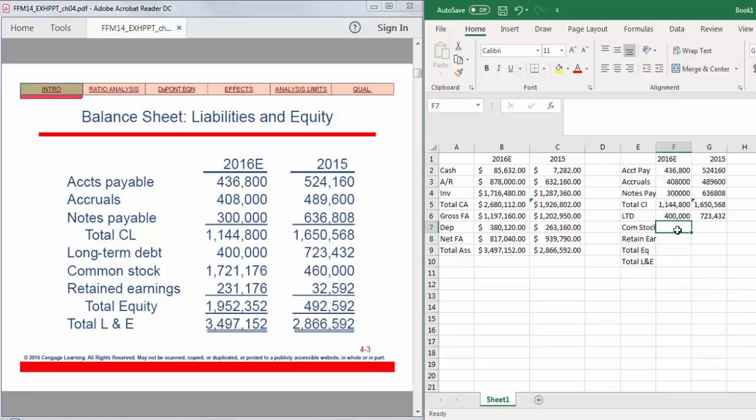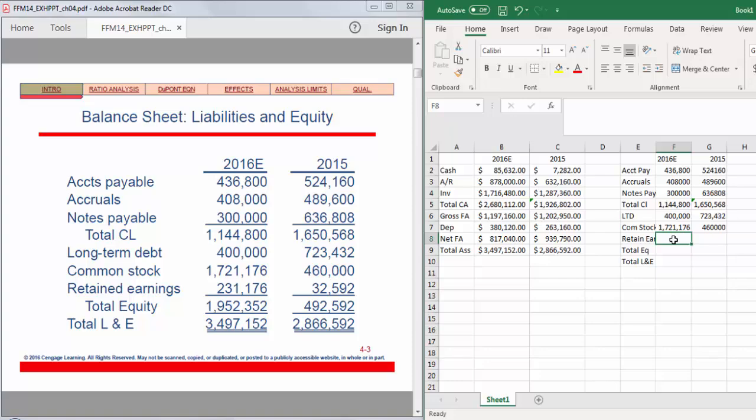Common stock, on the other hand, dividends, if company doesn't make money, you don't have to pay dividends, because that's money being distributed with the shareholders or the owners of the firm. So 1,721,176 and 460,000. So basically, if you observed, the company is expected to issue more common stock. You see the number going up from 460 to 1721 in 2016.